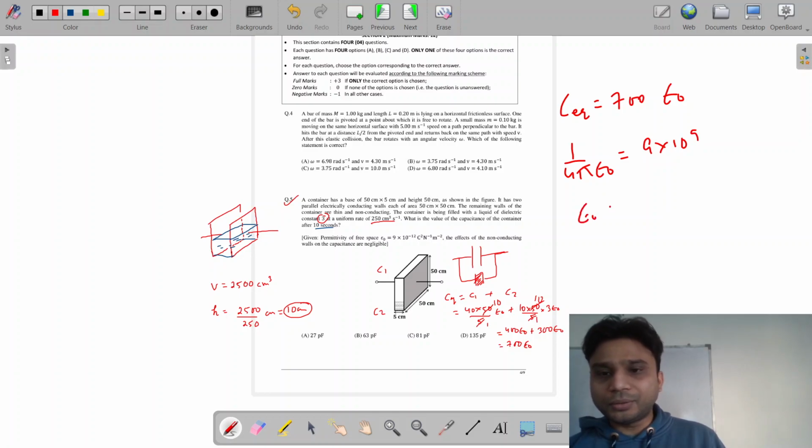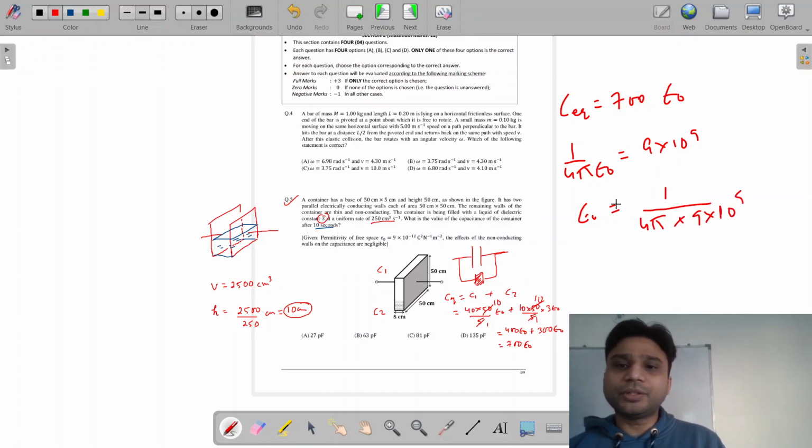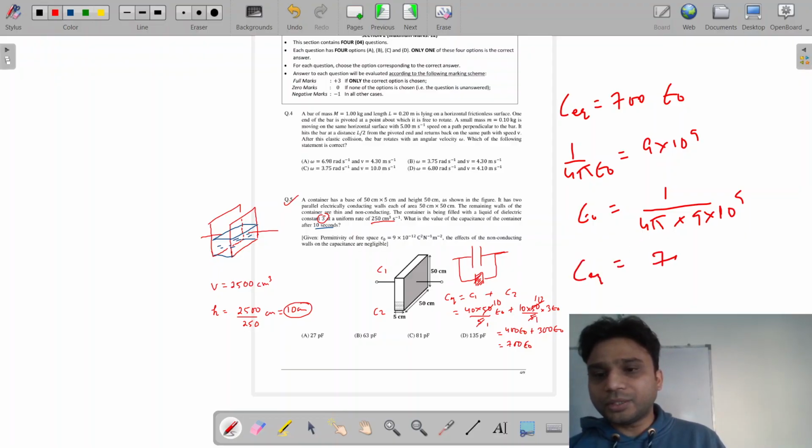So epsilon naught would be 1 upon 4 pi into 9 into 10 to the power 9. If we put the value here, we get C equivalent is equal to 700 divided by 4 pi into 9 into 10 to the power 9.